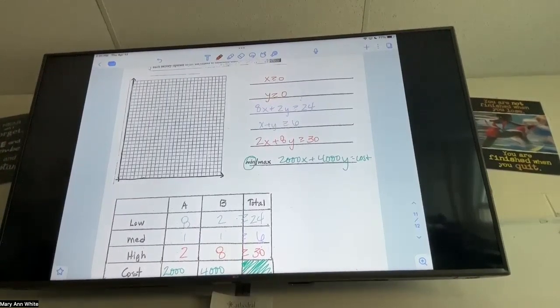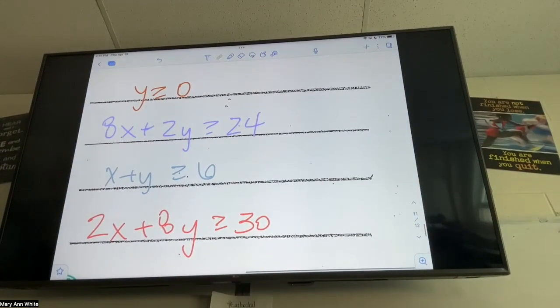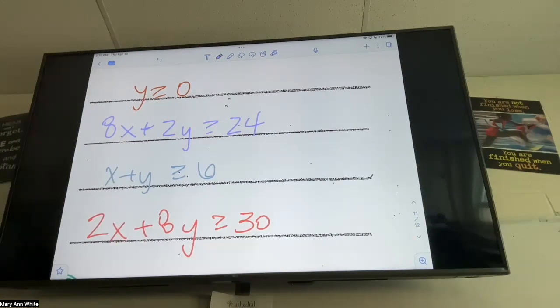So if you want to graph intercept wise, which I think is easier in this case, when we graphed using our intercepts back in Algebra 1, we did that by plugging 0 in for y. So basically I acted like there was no y term. And I was like, okay, if 0 is in for y, what does x equal? Well, 8x is greater than or equal to 24. x is going to be 3. Do you guys kind of remember doing that?